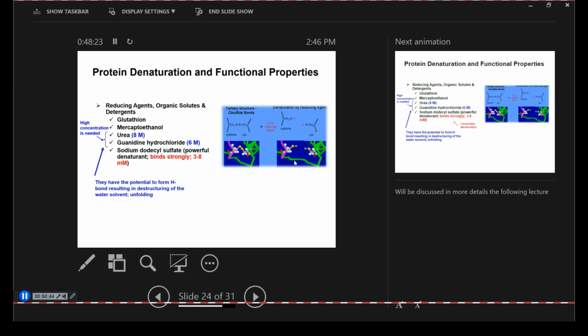Sodium dodecyl sulfate also brings the protein into solution, and the protein carries a net negative charge on the surface. If some of you do SDS-PAGE gel electrophoresis, you notice that some proteins in water are not very soluble.